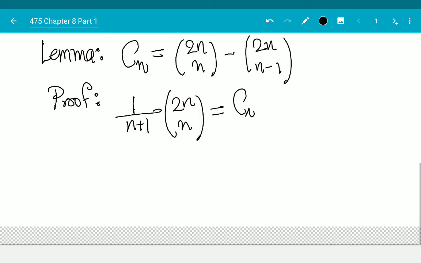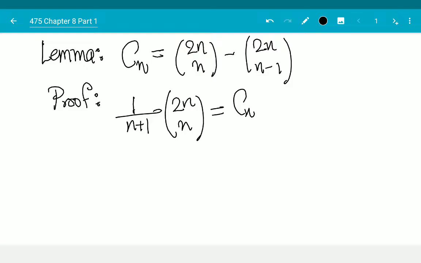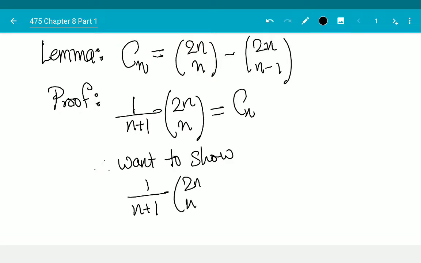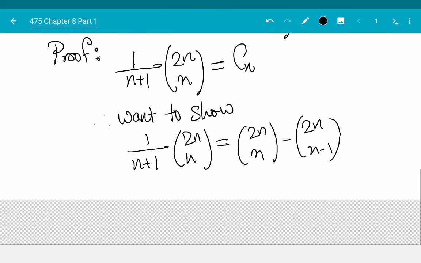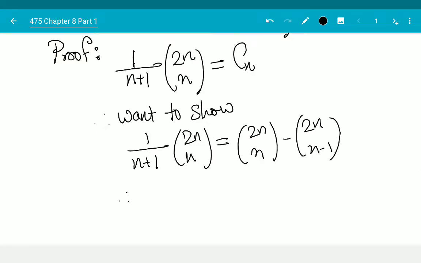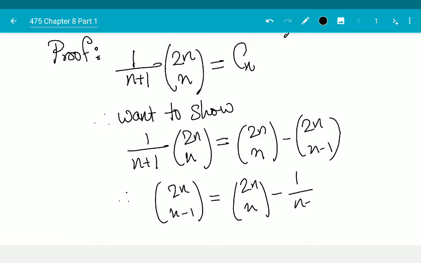Therefore we want to show 1 over n plus 1 times 2n choose n is equal to 2n choose n minus 2n choose n minus 1. Moving terms to the same side, therefore 2n choose n minus 1 is equal to 2n choose n minus 1 over n plus 1 times 2n choose n.